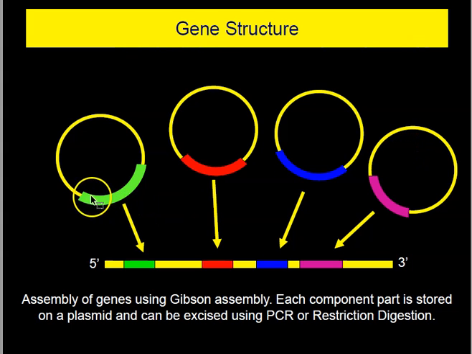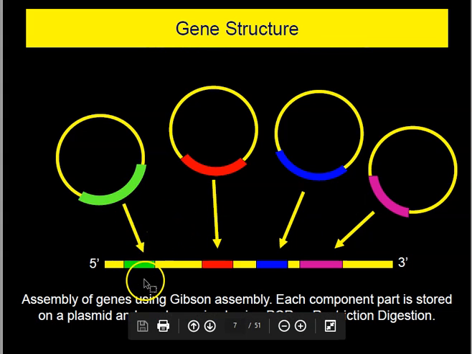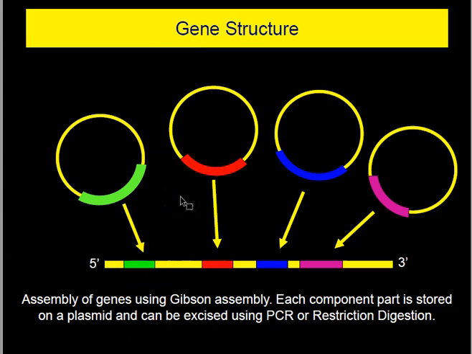So we have our genes. So we have these 4 genes, and you can store these genes in glycerol stock in bacterial colonies, and you can then assemble them when you need them. So this diagram depicts the different combinations of genes which can be assembled using Gibson assembly or an assembly PCR.